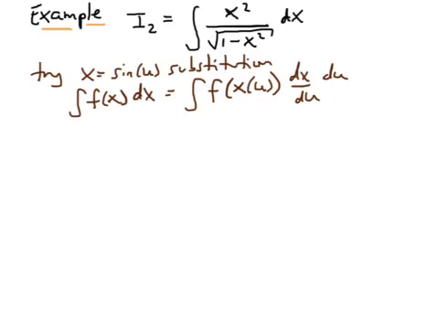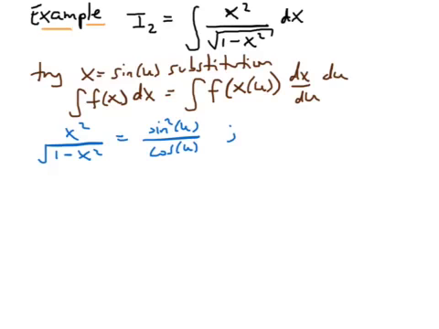So what we're going to have is that x squared over the square root of 1 minus x squared is going to be sine squared u divided by cos of u, and we are also going to have that dx/du is the derivative of sine, which is the cosine of u.